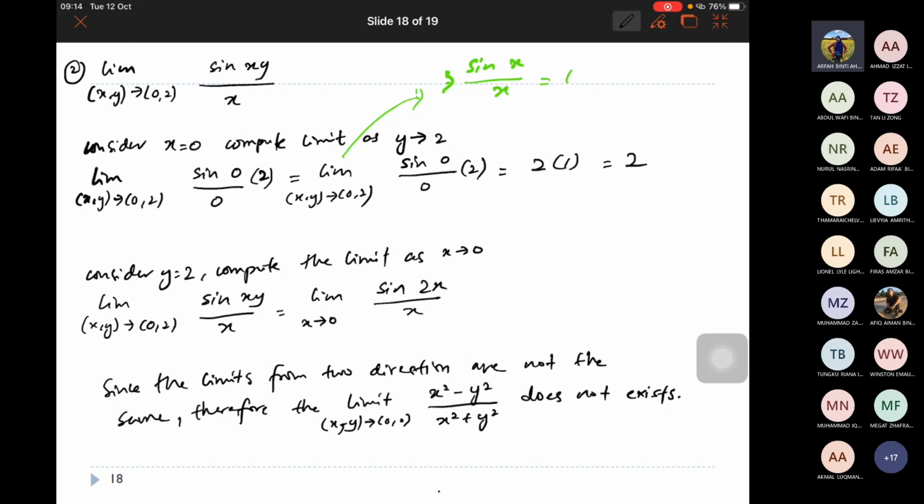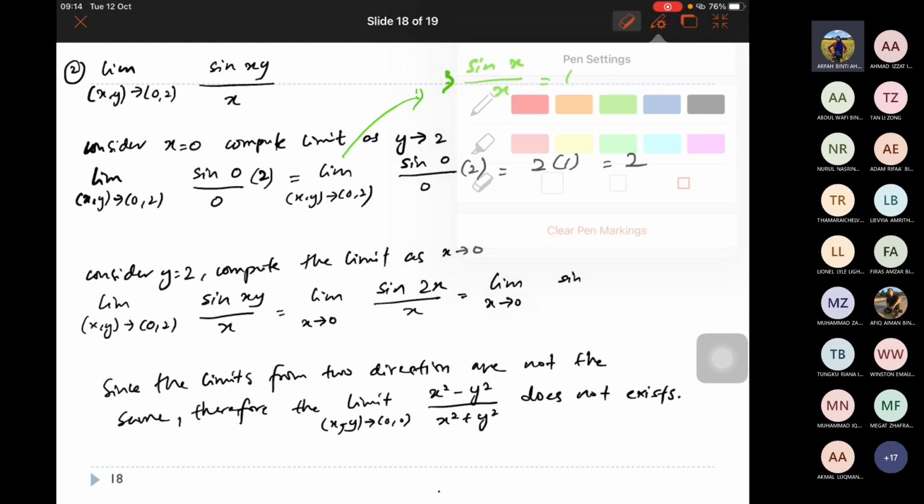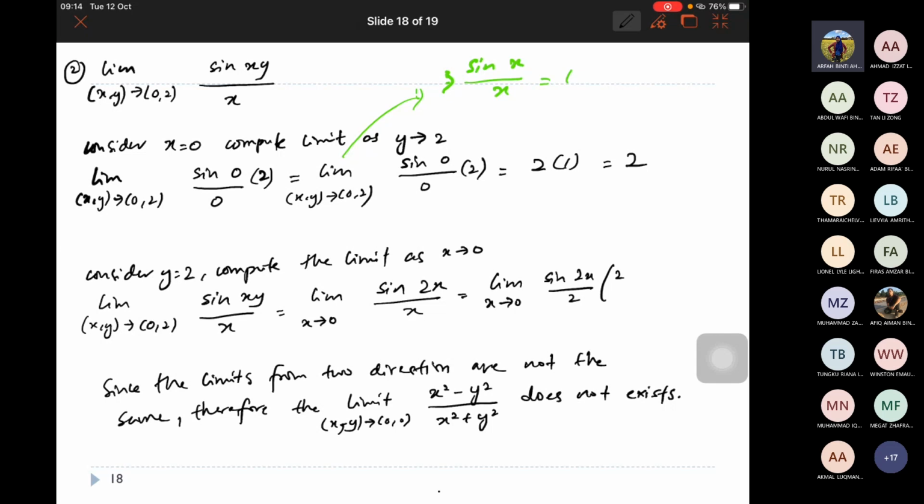So we assume that there exists a coefficient in here: sine of 2x over 2 multiplied by 2 over 2.